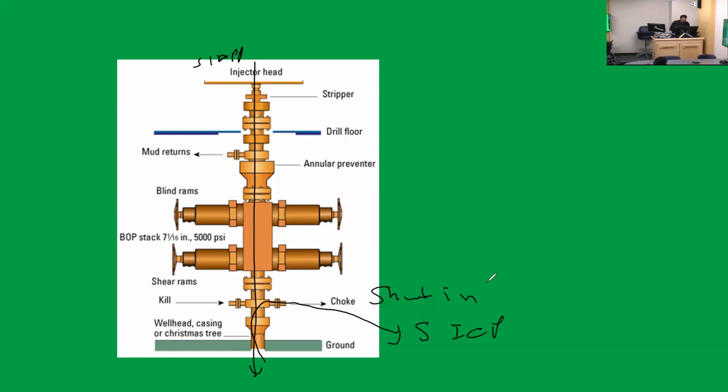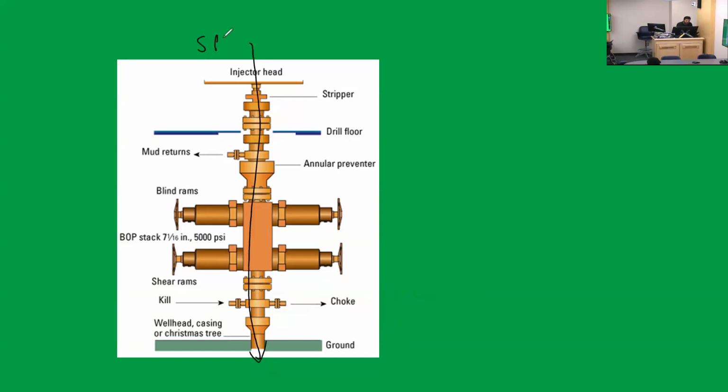If I am at open conditions, no shut-in at all, mud goes in through SPP, or drill pipe pressure, and it comes out through mud returns at atmospheric pressure.